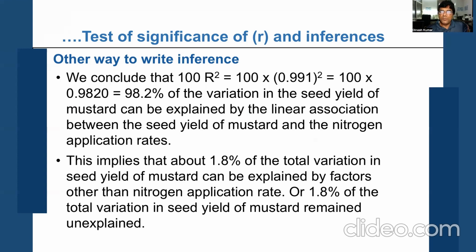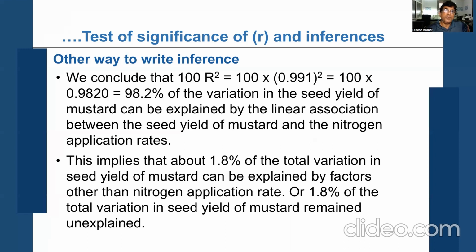So this is how we write the inferences about the correlation coefficient, how it can be used, how it can explain our data or our equation. You can also write it this way: this implies that about 1.8% of the total variation in seed yield of mustard can be explained by factors other than nitrogen application.